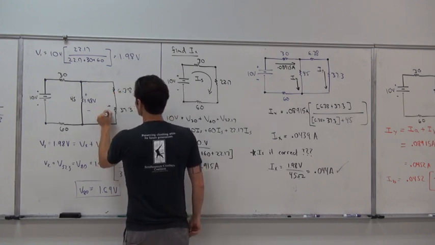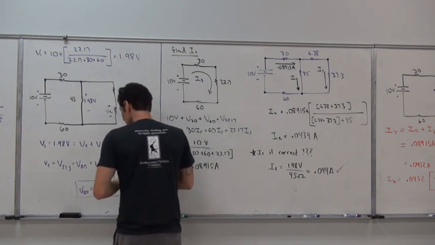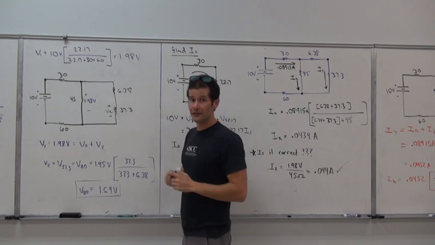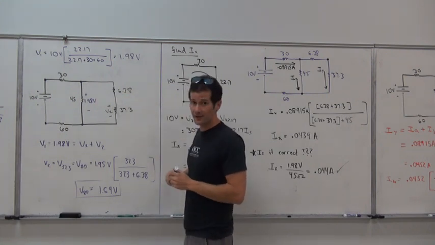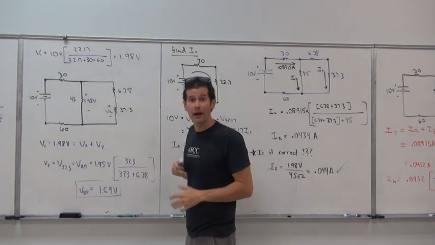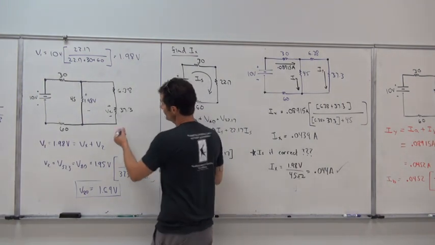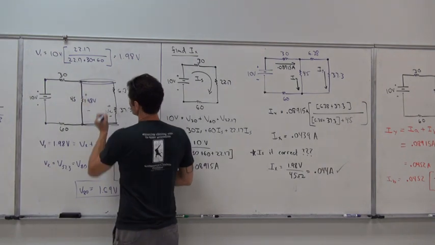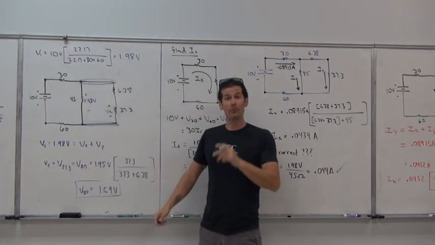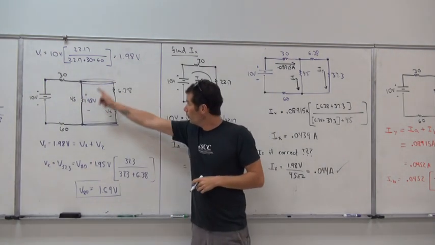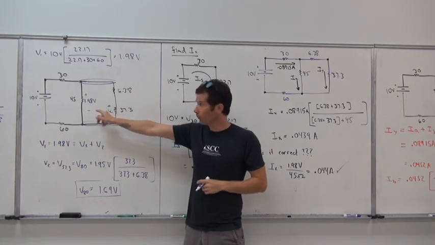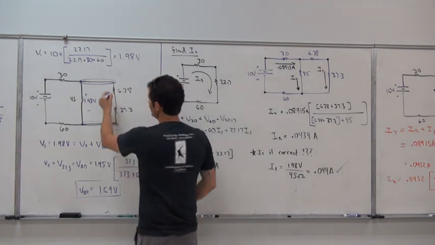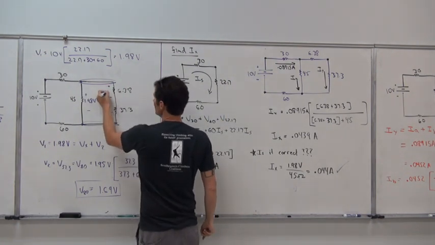Sure enough, that's still V2, but this gives us a little bit of a better visualization here, guys, because now we really can see that these two series elements, once we combine those two together, share the same two nodes as that 45 ohm resistor. And so therefore, the potential difference between these 2 points is 1.98 volts. So that means that it has to divide between these two series elements right here.